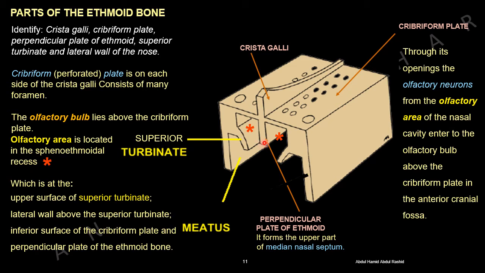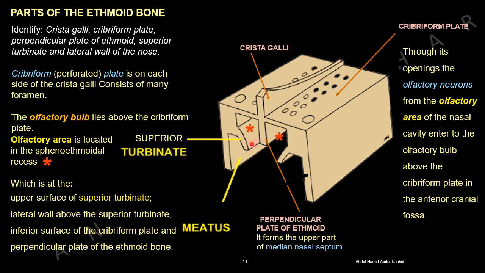Okay, now we are going to talk about the olfactory area, the third area of the nasal cavity. The olfactory area is located in the sphenoethmoidal recess. This olfactory area is the area for smell.